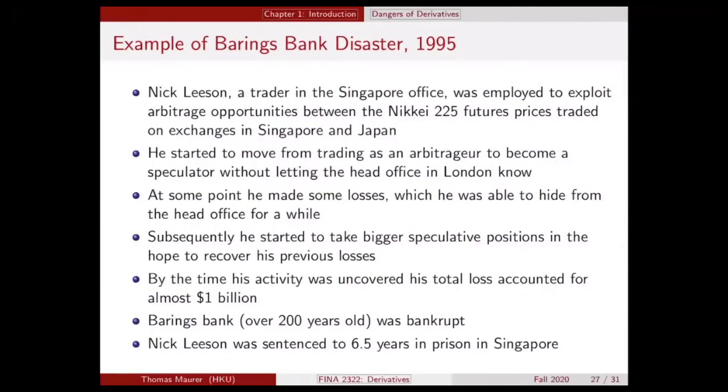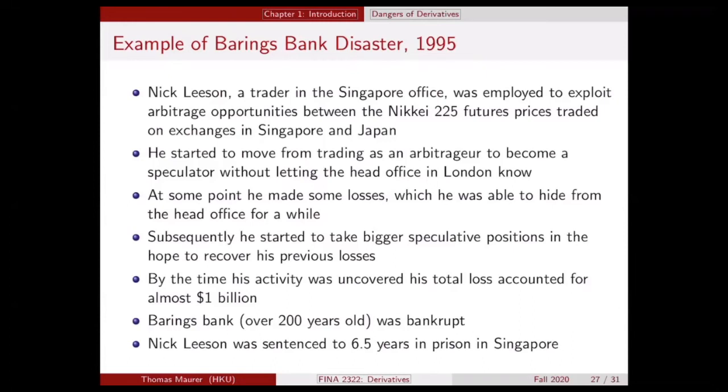Let me illustrate the first example of a trader moving from being a hedger or arbitrageur to becoming a speculator. And this is kind of like the showcase example when you talk about these issues in financial markets. And that's an example about a very old bank called Barings Bank.